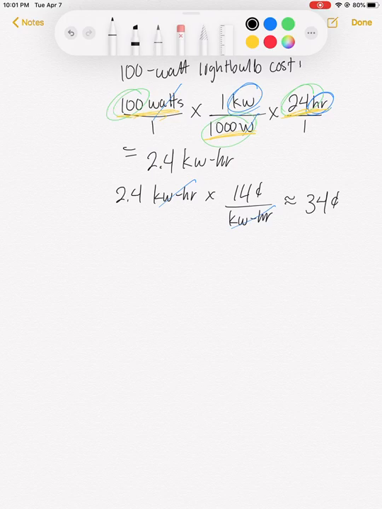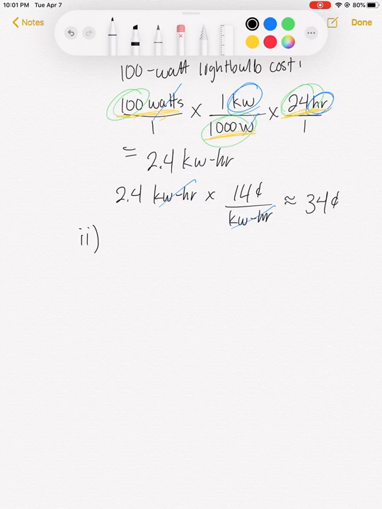Now we're going to do part number 2, Roman numeral 2: how much do we save if we use an LED light bulb, an energy saving light bulb, running the same amount of time all day long? Our energy saver light bulb has the same amount of light for only 25 watts.